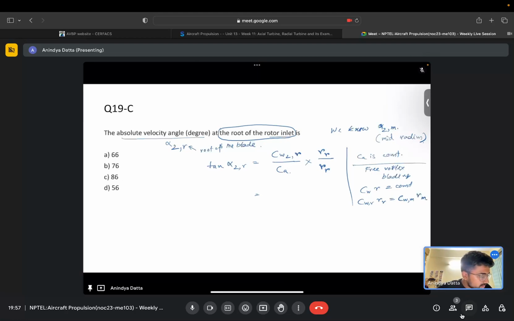So the numerator we can write in this way: Cw2 mean into R mean, and the denominator is Ca into Rr. Is this clear?